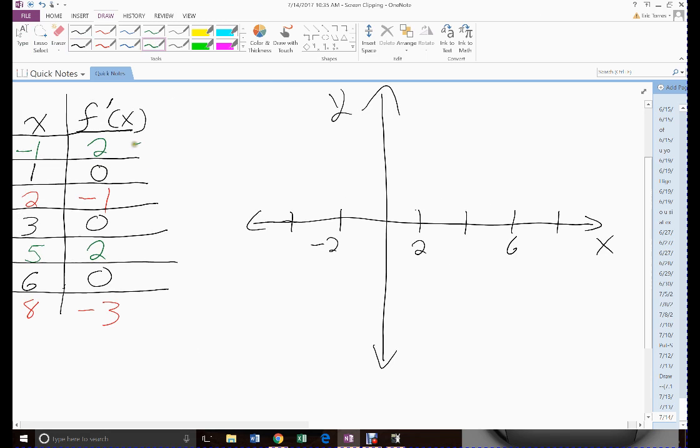First point, -1, that's about here, and then +2. It doesn't matter how high you put it. So I'm just going to put it here. Why not? Next point, 1, that's here, 0. Next point, 2, -1. So 2, -1 is less than 2. We'll put it about here. 3, 0.